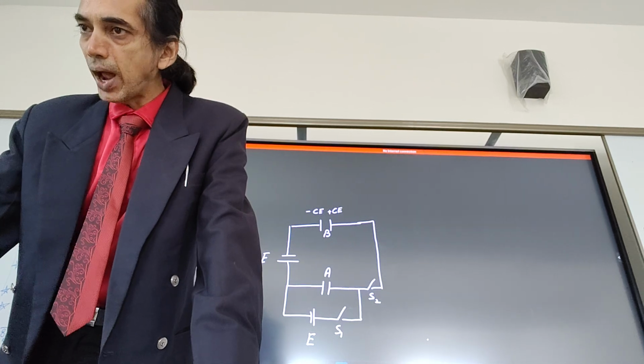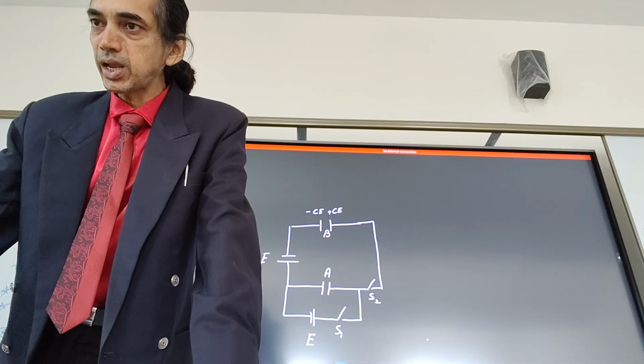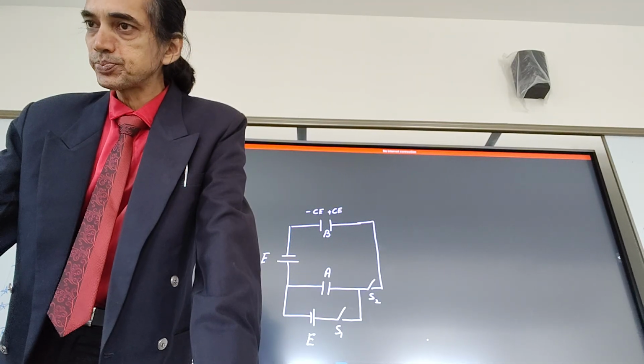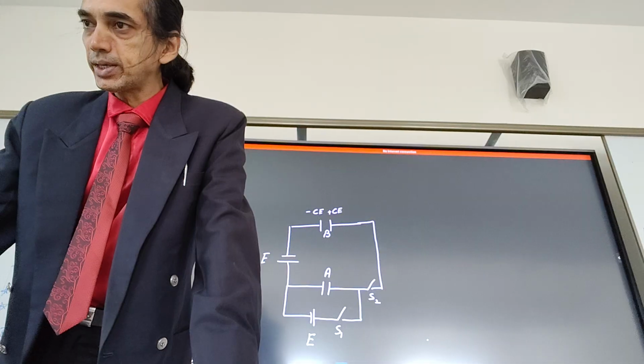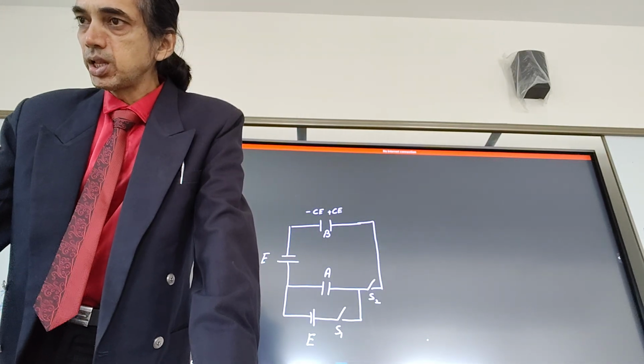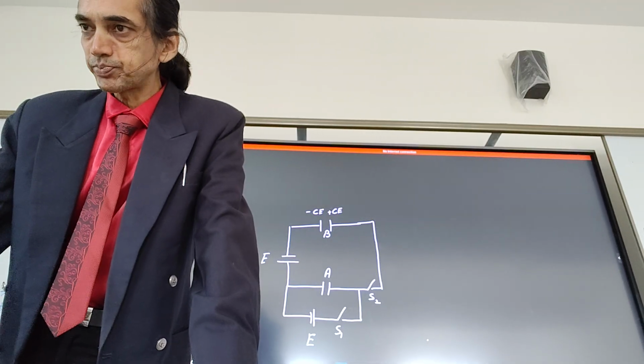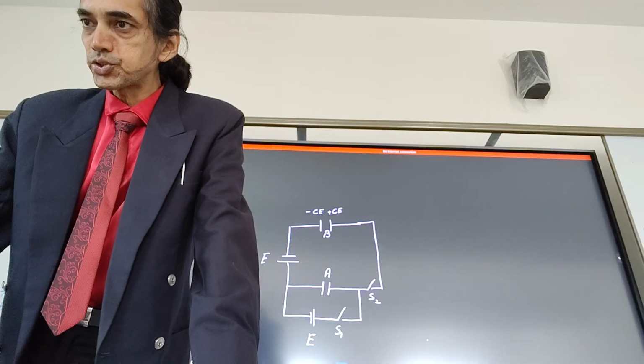Now switch S1 is closed and S2 remains open till capacitor A becomes fully charged. Then S1 is open and S2 is closed till the flow of charge through the battery stops. This process constitutes one cycle.